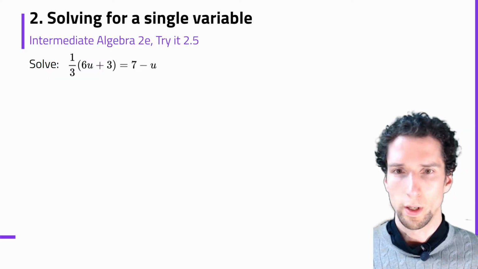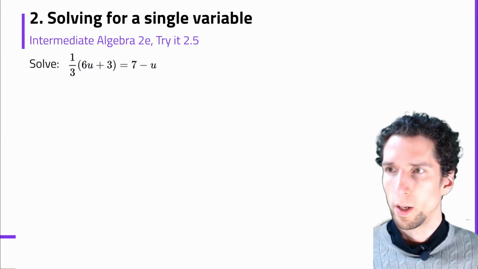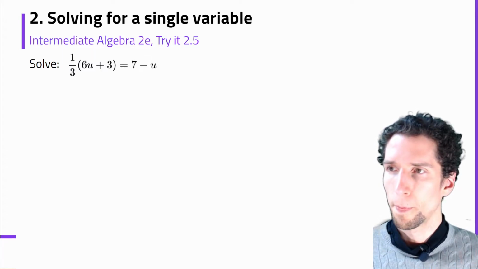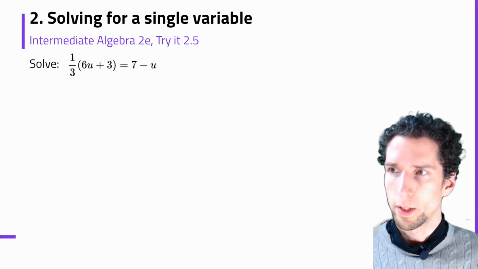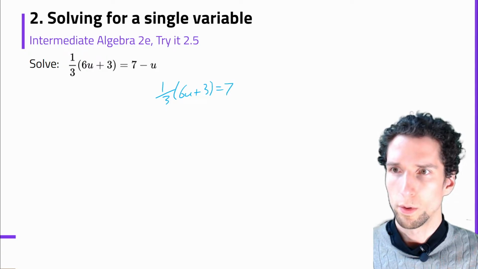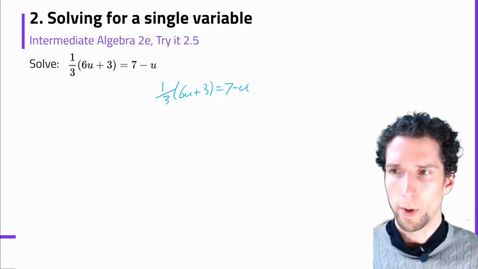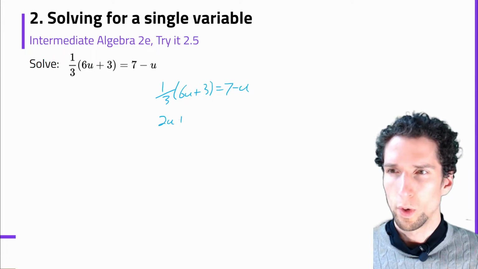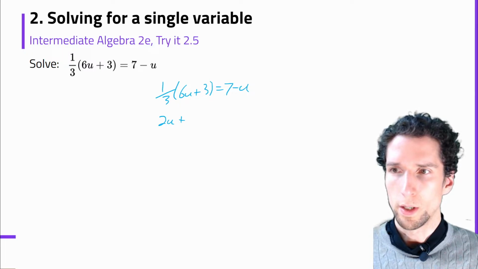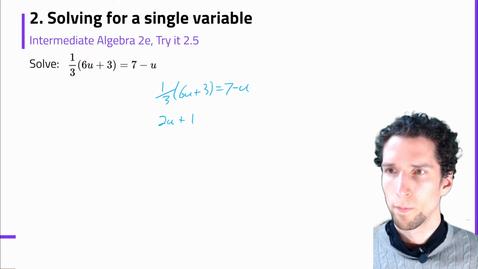Let's do one at a more regular speed here. I'm going to rewrite this in the middle. 1 over 3, 6u plus 3, equals 7 minus u. All right, so I'm expanding the brackets here. So 1 over 3 times 6 is 2, 2u, and 1 over 3 times 3 is 1.